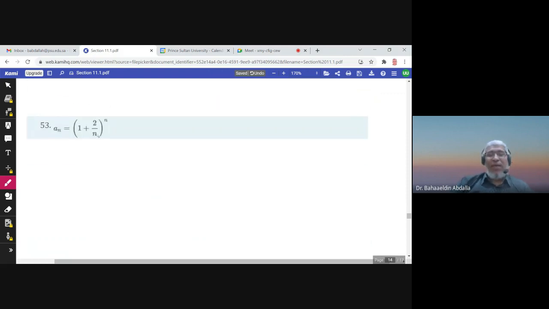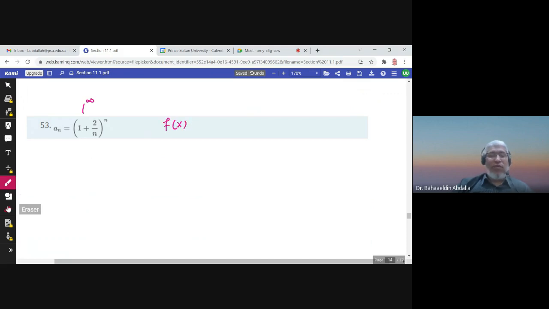If I replace n by infinity here, 2 over infinity is 0. So I'll have 1 to the power infinity. And 1 to the power infinity is an indeterminate form. And the way to deal with 1 to the power infinity, we have to deal with functions first.